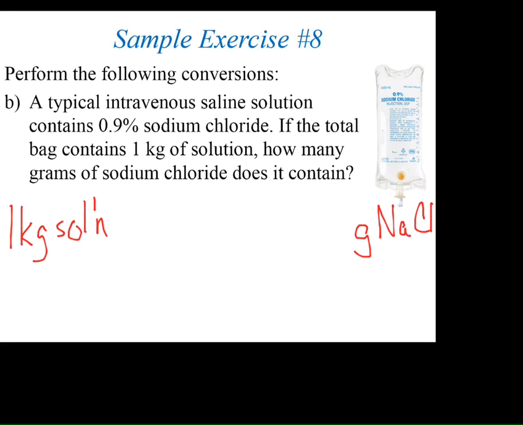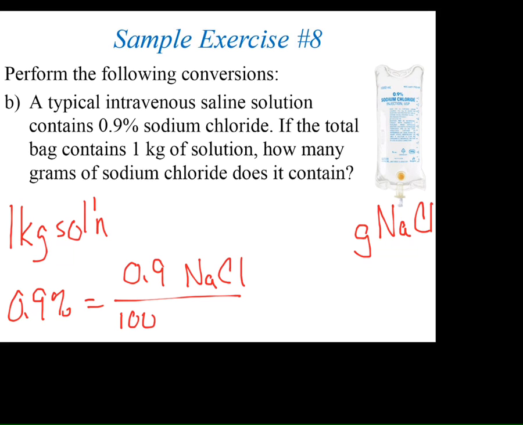Well, this 0.9% thing tells me there's 0.9 sodium chloride in every 100 whatever of solution. Does that make sense? Do you see where that comes from? Because it says it's a solution that's 0.9% sodium chloride.